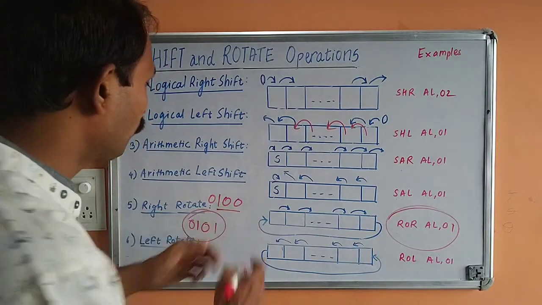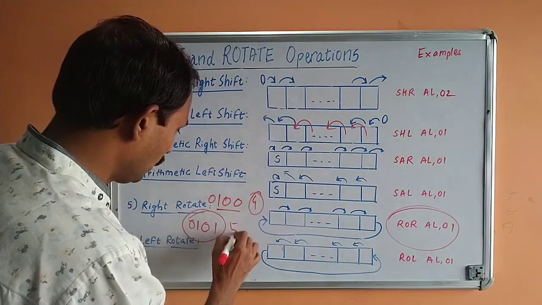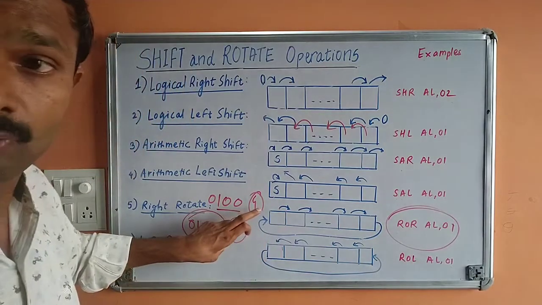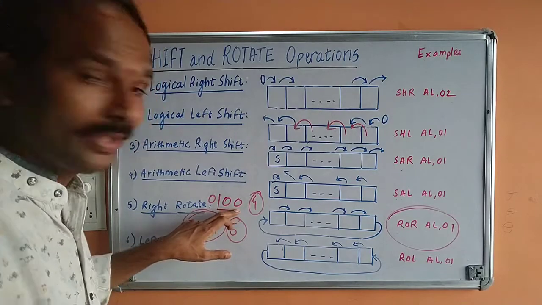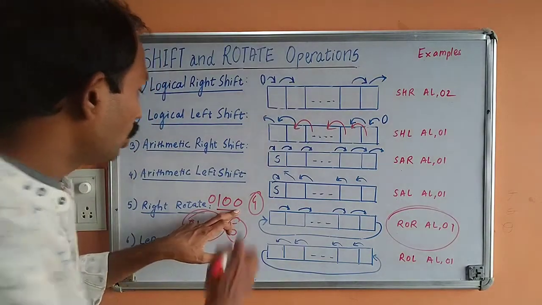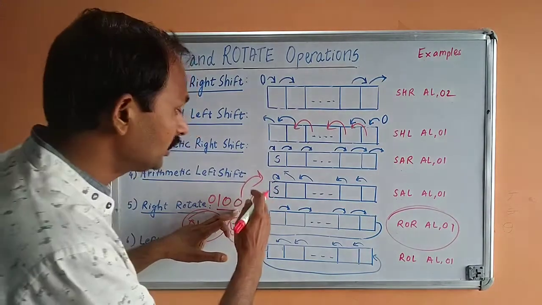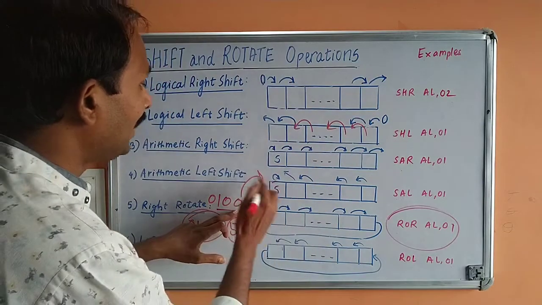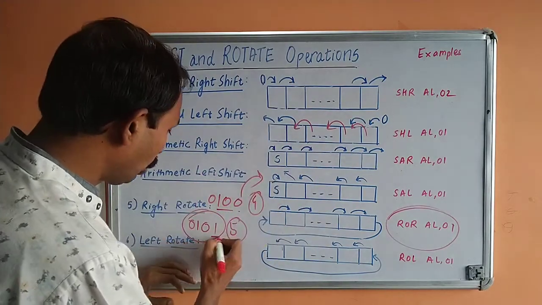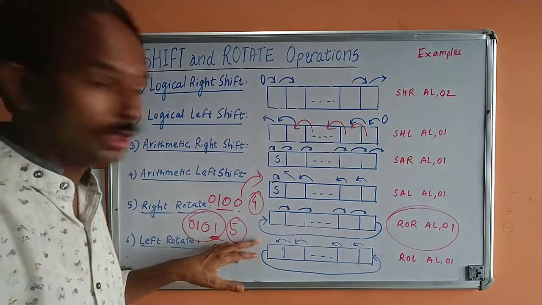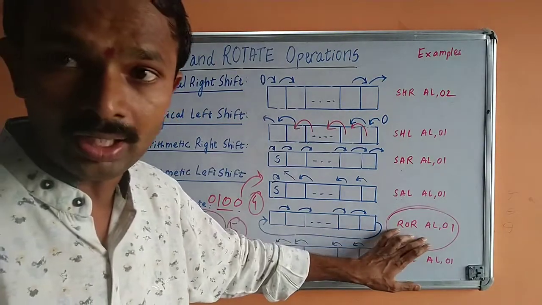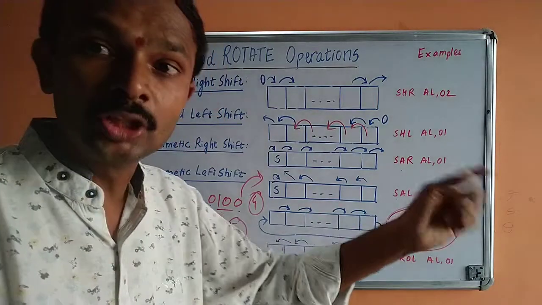So in an even number what happens? And this is an odd number. In an even number, the last bit is always 0. So if I rotate this bit on the right hand side, the carry will not be generated, and if I rotate the odd numbers, all the odd numbers, the carry will be generated. So I will use this instruction, rotate right the content of AL by 01 bit.